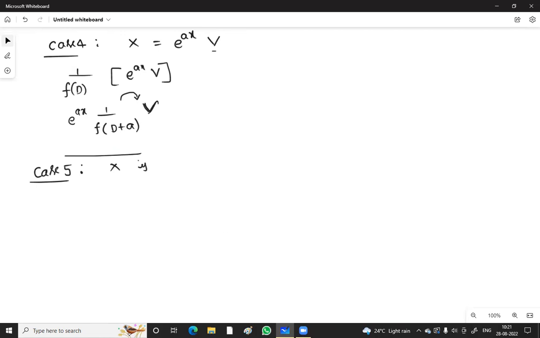And one more thing I told you, you can apply this on any case. So how to do this? First, suppose 1 over f of D is operating on x.